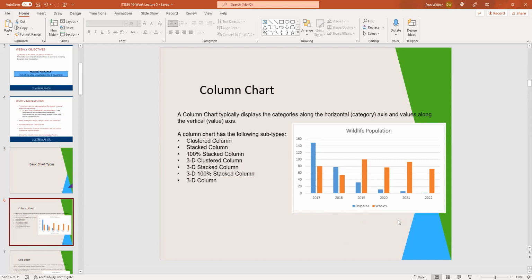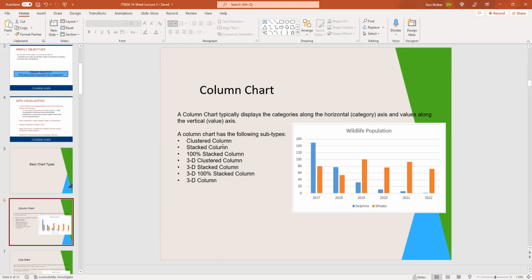So this is your quintessential column chart, actually a clustered column, because there's more than one variable. So you can have as many data series here, like we have dolphins and whales. So it's bivariate analysis. You can have as many as you need. Just got to make sure that it's a meaningful chart.